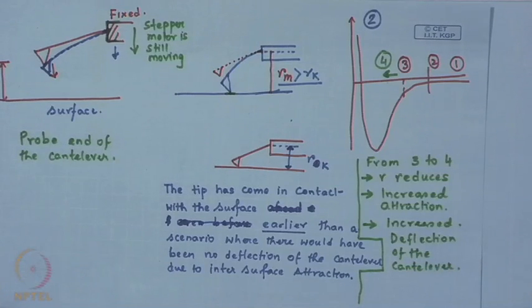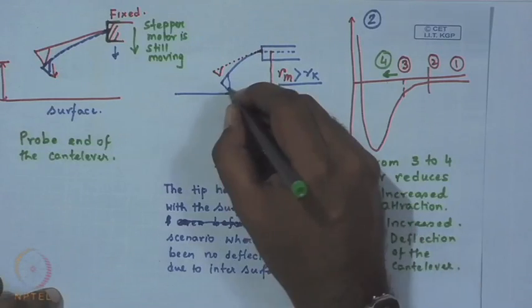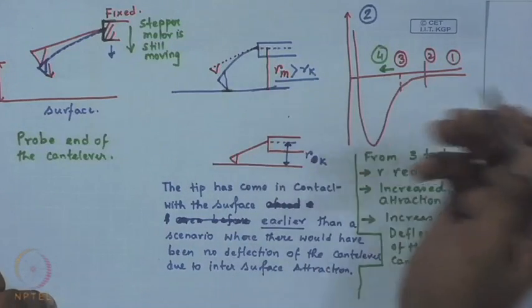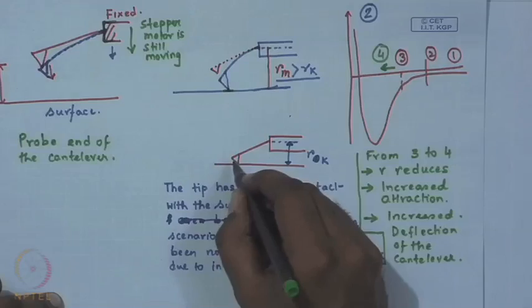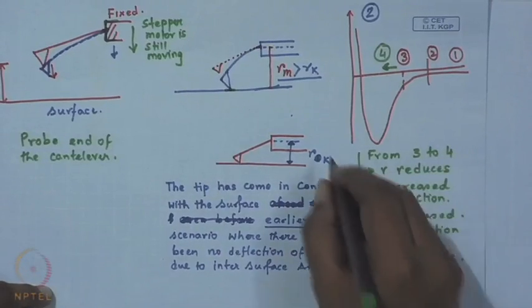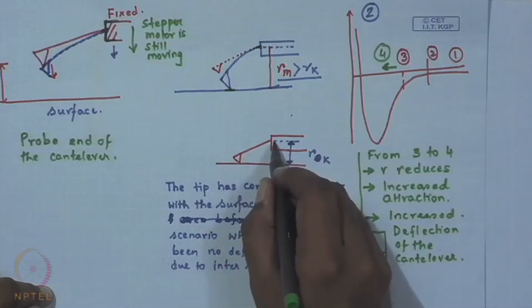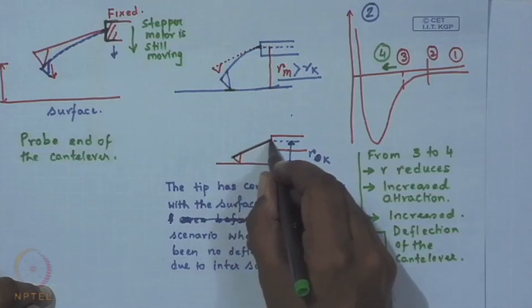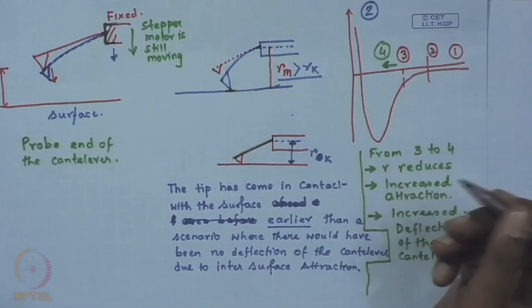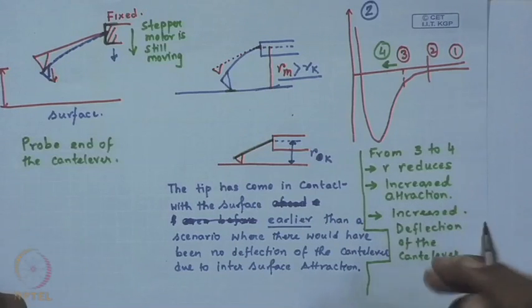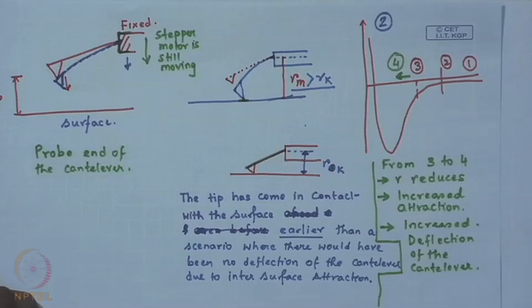Okay. And finally, at some point the tip touches the sample surface, and you now compare this with a scenario where suppose there was no attractive interaction, which is a difficult case to imagine, because van der Waals force, as we all know, is one of the most fundamental forms of force.